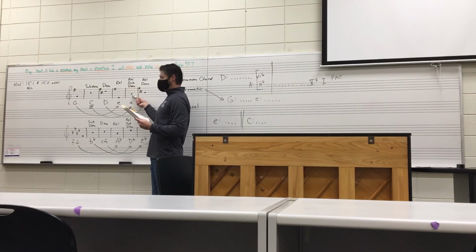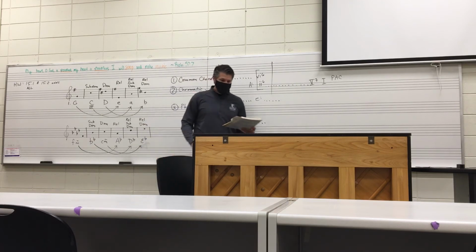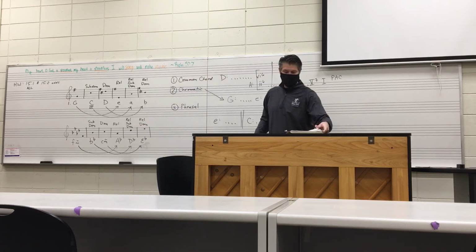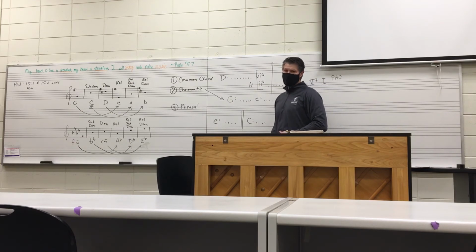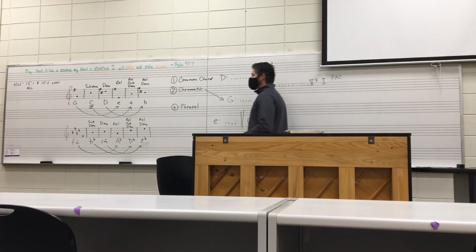Above the A, I'm going to write the relative of the subdominant. And above our last category here, I'm going to write relative of the dominant. And that way we can present all the answers in the same order.